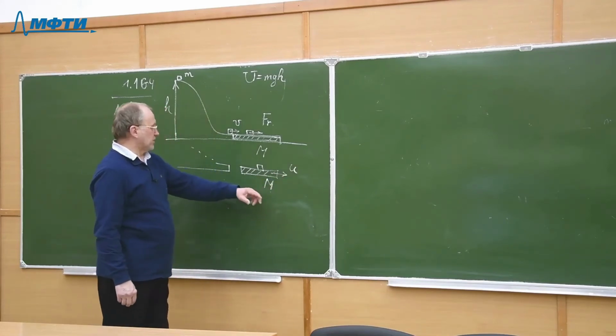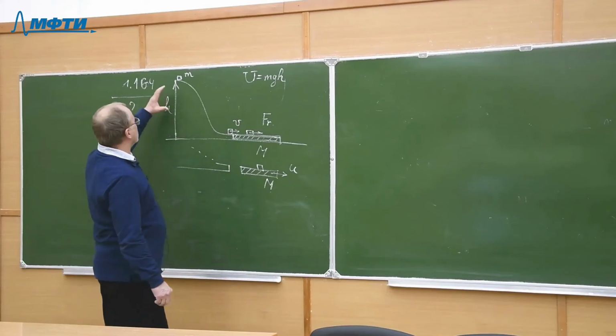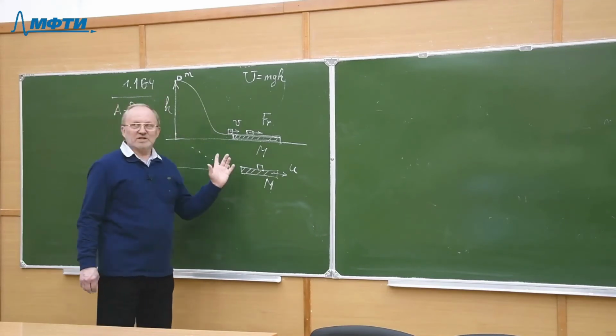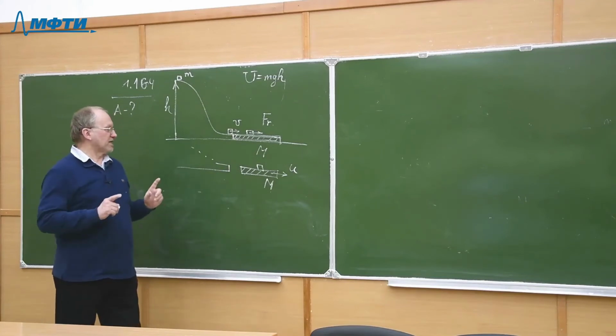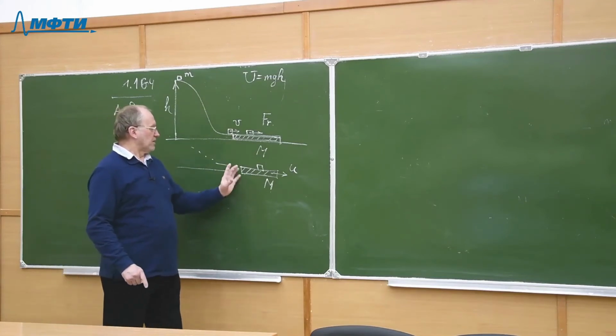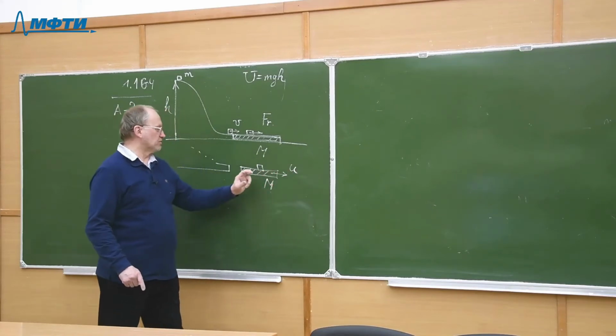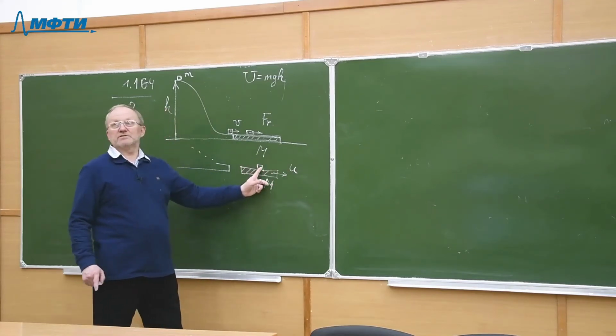And also, the initial potential energy will be spent on several processes. First, the kinetic energy of the plank and the disk on it.